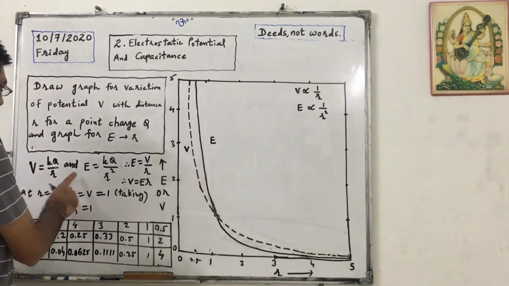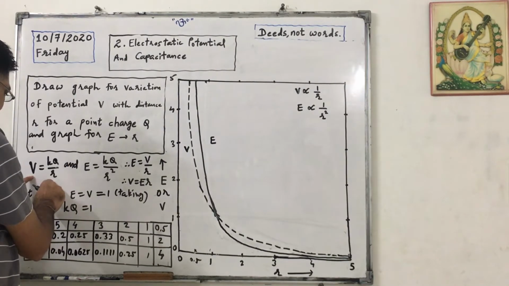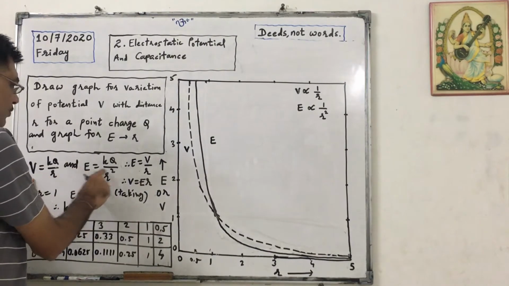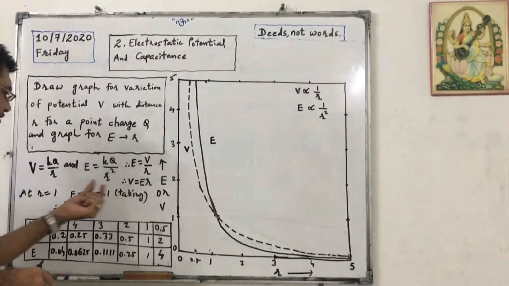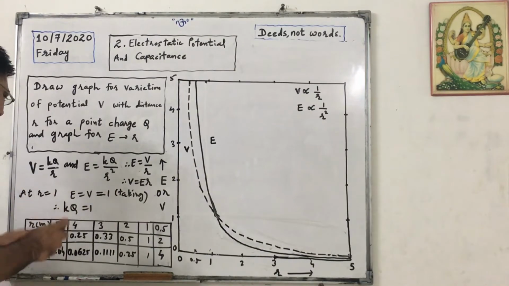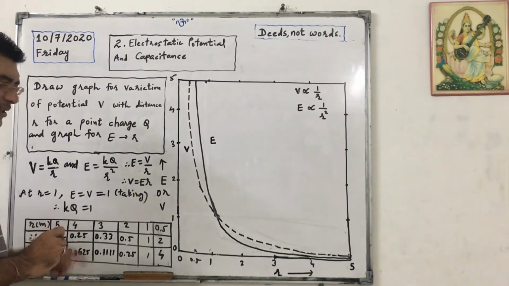Moreover, if I divide V equals KQ by R on both sides by R, it will be KQ by R square, and here V by R. But KQ by R square is E, so we can write E equals V by R, or V equals ER. Taking E equals V equals 1 at R equals 1, KQ will be 1.